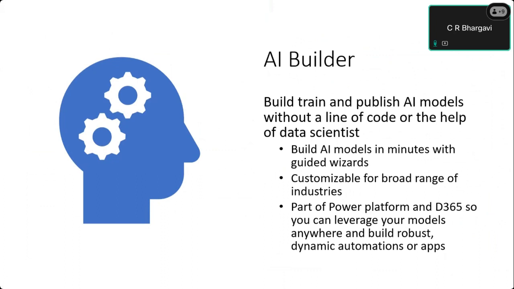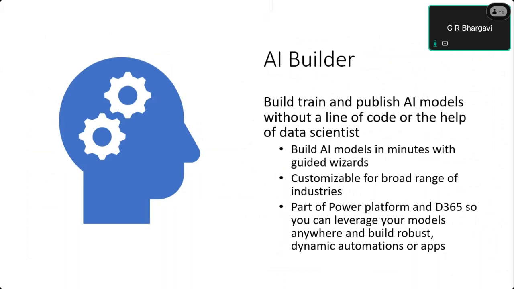So all these things can be done without a line of code, or if you don't know any basics of AI, then you can still go ahead and use the AI Builder that is available.